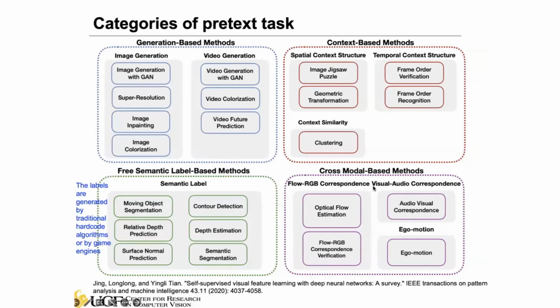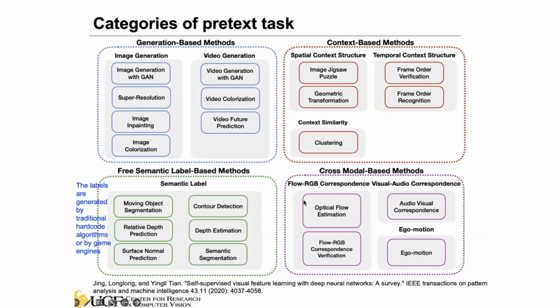And the last category is the cross-modal based method. Basically, the data will have multiple modalities. For a lot of video footage, we not only have visual appearance, we also have the corresponding audio information. For example, maybe a player is playing a guitar in this video. We have the visual appearance of the player playing the guitar, but also the corresponding audio.